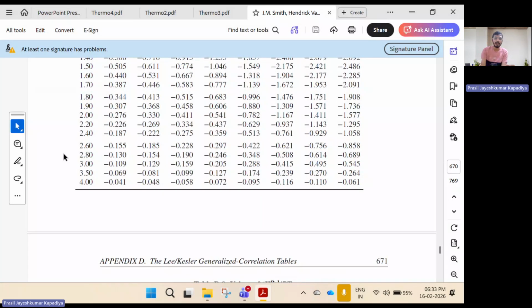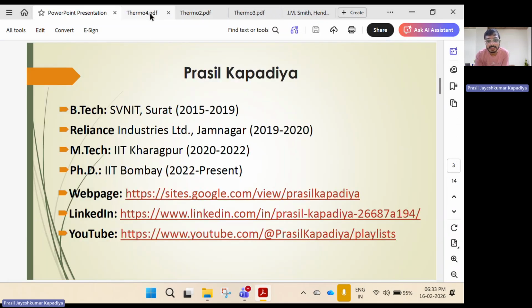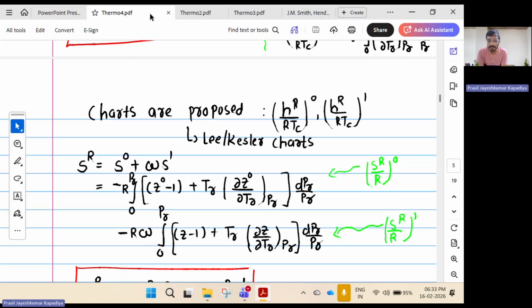So this is how we can use the Lee-Kesler chart. This was all about how to estimate residual properties, residual enthalpies and residual entropies.